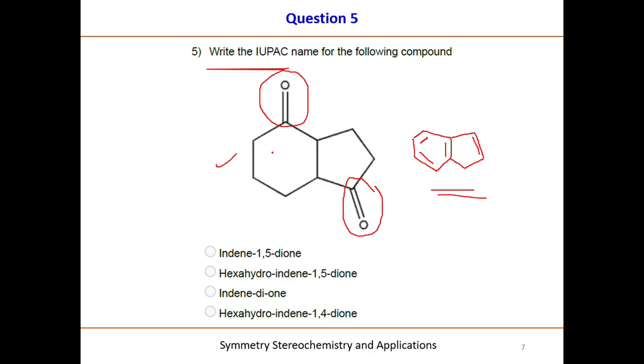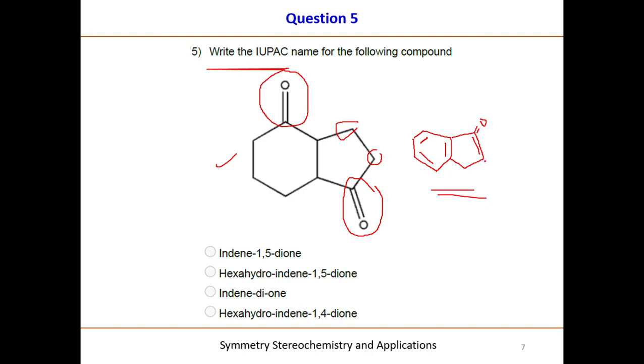So you can compare here how many hydrogen atoms are more here. 4, right? You can see here we have this carbonyl group here. Suppose we have it here, and this part is same as this one. So two hydrogens are extra from indane.